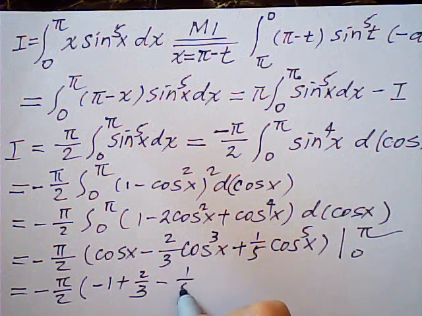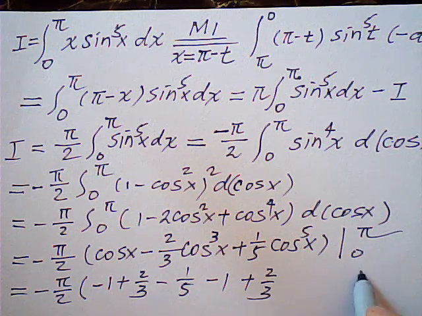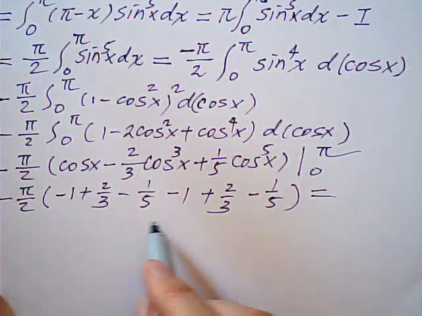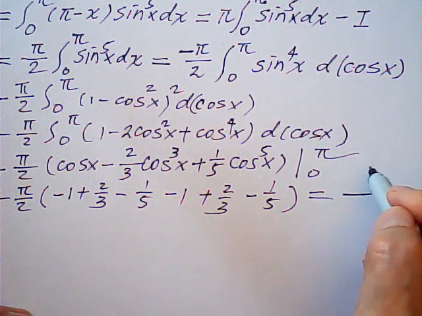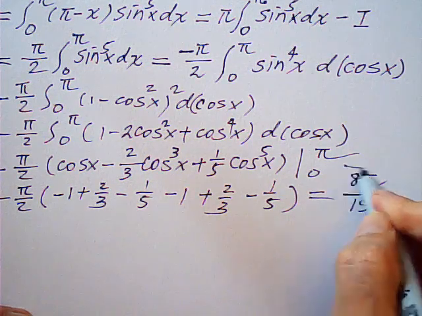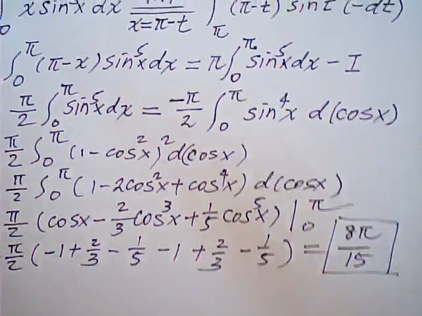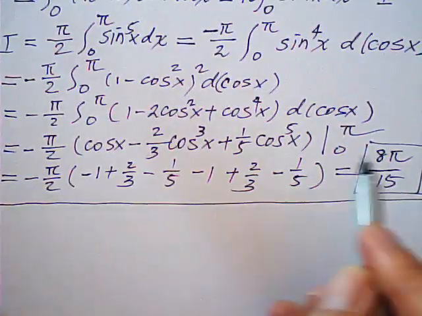This is a negative 1/5, and a minus 1, and a plus 2 over 3. This was minus 1/5. And you simplify them. At the end it is 8 pi over 15. So that is the answer for this integral by method 1. Okay, that's method 1.